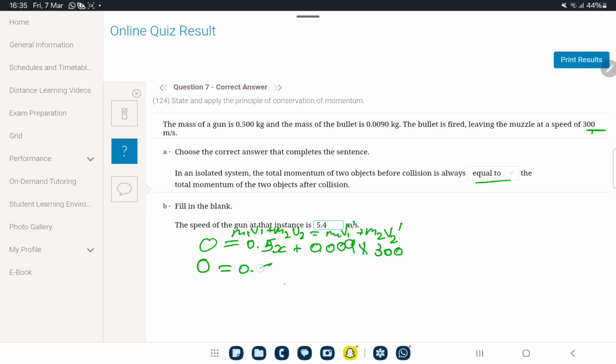So 0 equals 0.5x plus 0.009 times 300, you get 2.7. You move it to the other side, minus 2.7 equals 0.5x. You divide by 0.5, you get minus 5.4 equals x. They said speed, so you don't have to put a sign, so 5.4 meters per second.